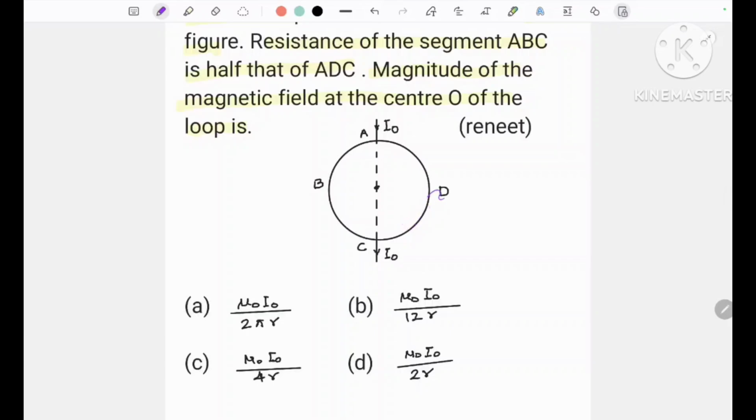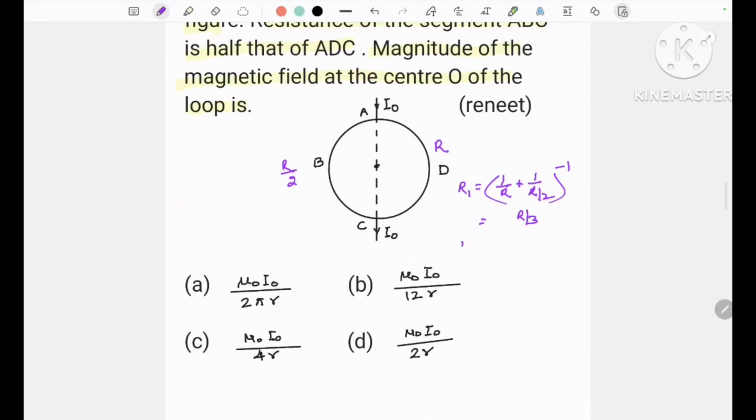Suppose the resistance of ADC is R. So the resistance of this ABC will be R by 2, and R and R by 2 are in parallel. So their resultant R1 will be the inverse of 1 upon R plus 1 by R by 2, and that is R by 3.